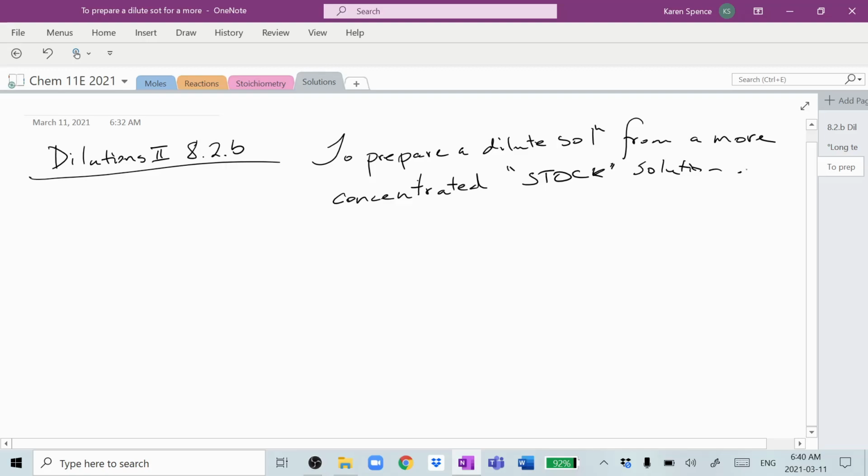So the first thing you're going to be doing, number one, guess what? Find the moles of solute that you need in the diluted solution.